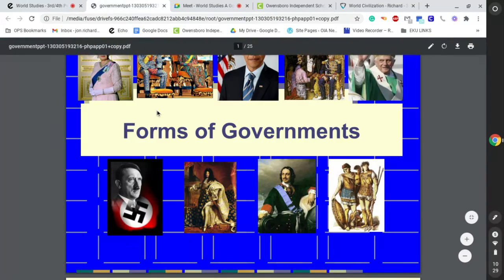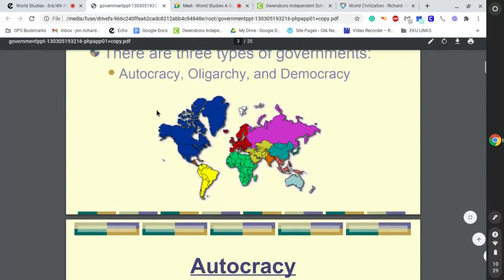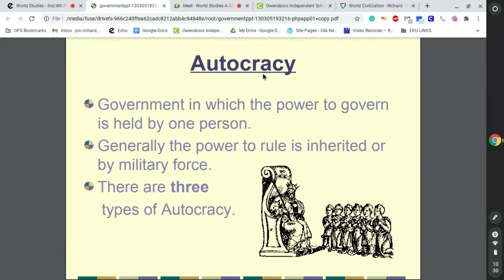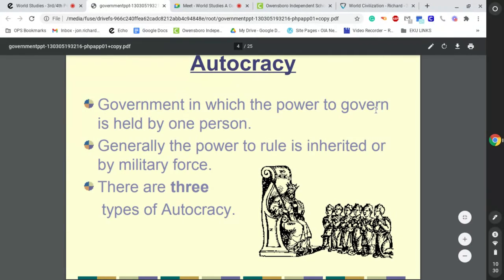For example, if you scroll down, you'll find big terms like autocracy as a title. And autocracy is actually one of your terms. So you will look at the definition and figure out that autocracy is number 7, powers given to one person, usually inherited or taken by military force, strong central government. So try to get that done.